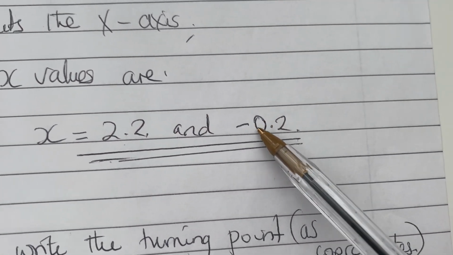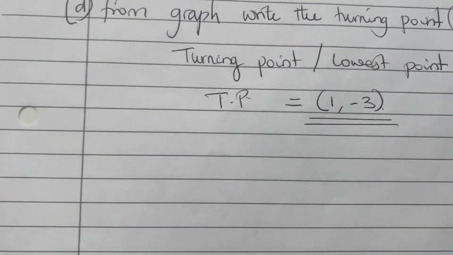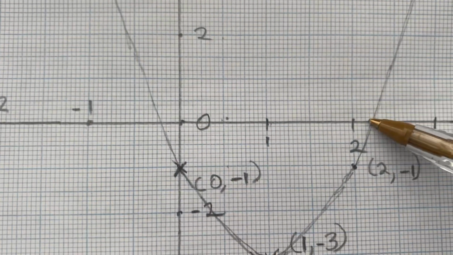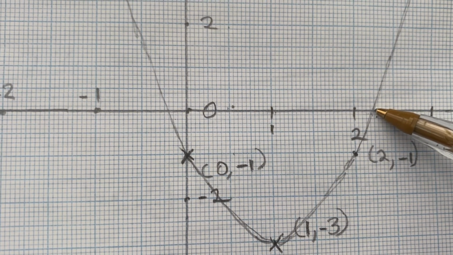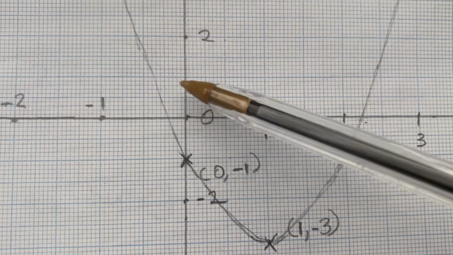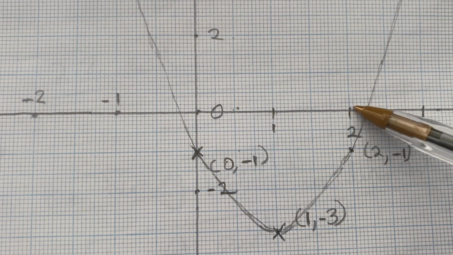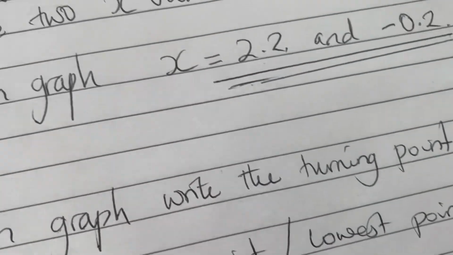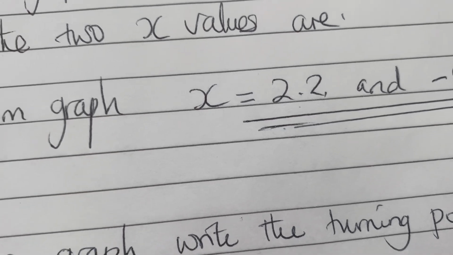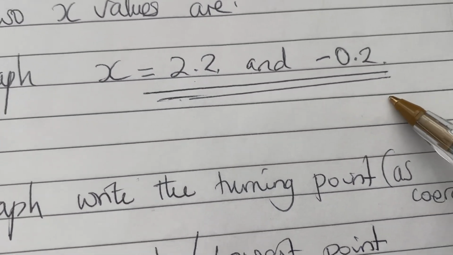So you use your graph to find the second one, which is minus. So in the question, they've given you this one. But assuming they didn't give you this one, you should be able to find both from the graph. So this is 1, and that would be the other one. So 2.2 plus 2.2 and minus 0.2.